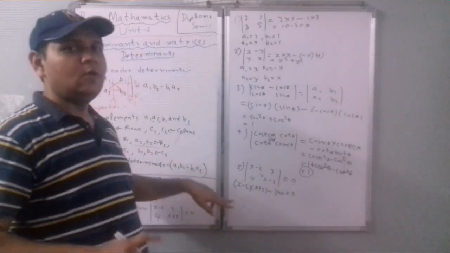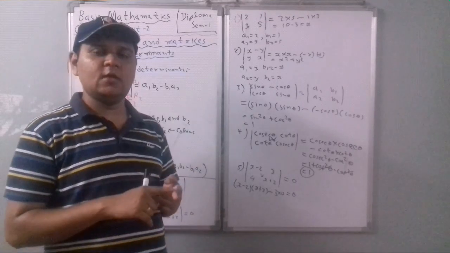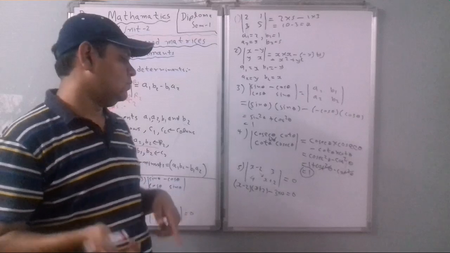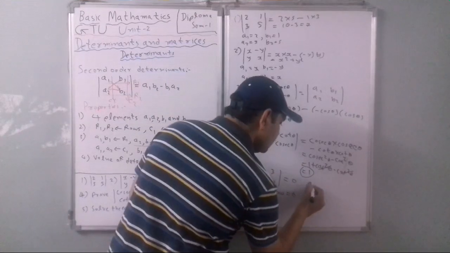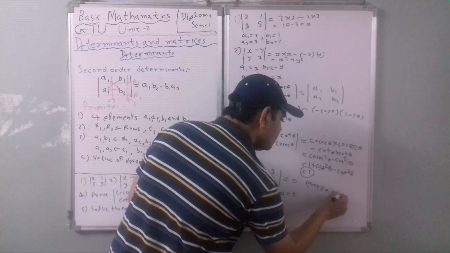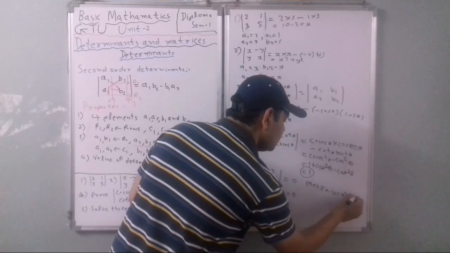So x minus 2 times x plus 2 means (a plus b)(a minus b), which is equal to a square minus b square.